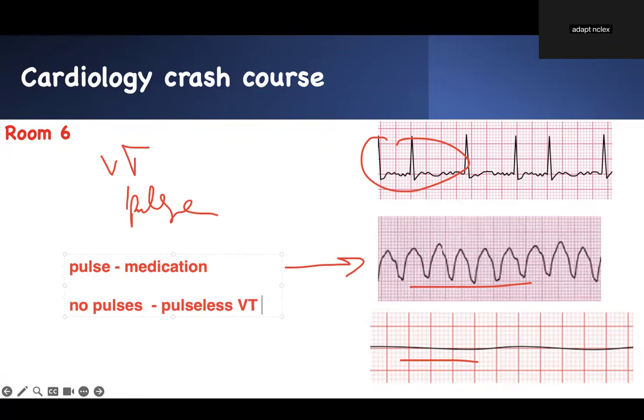And you know from your cardiology lecture that pulseless VTach is the same thing as VFib. And if it's VFib, what do I do? Immediate defibrillation, not cardioversion, if they have no pulse.